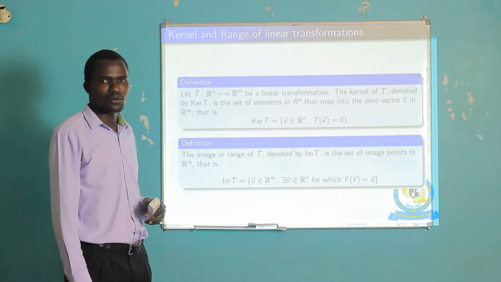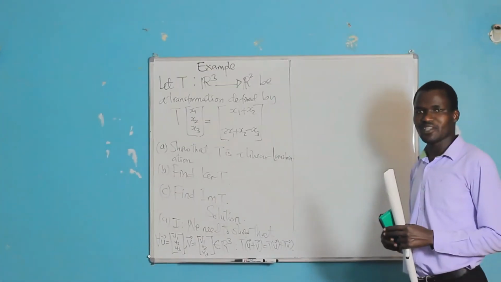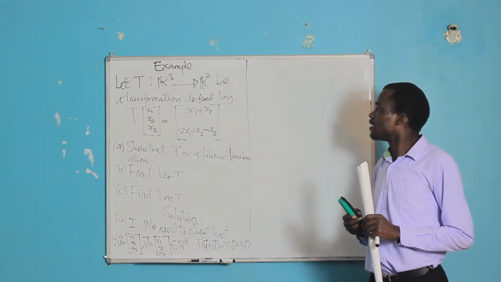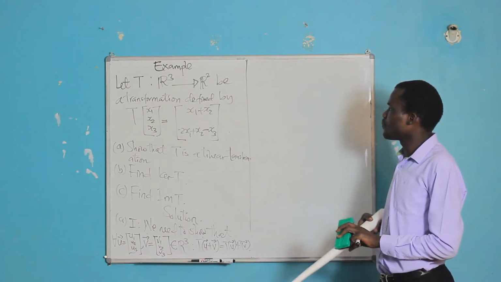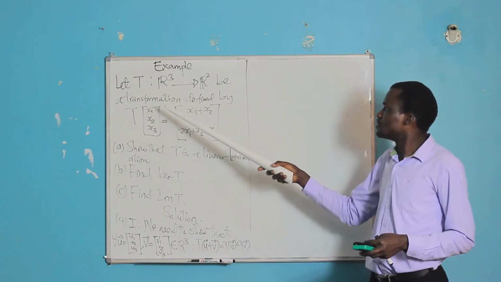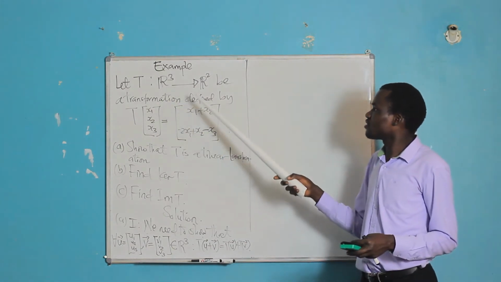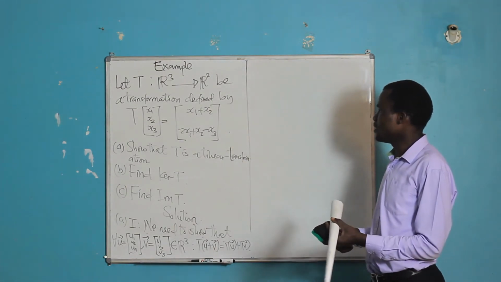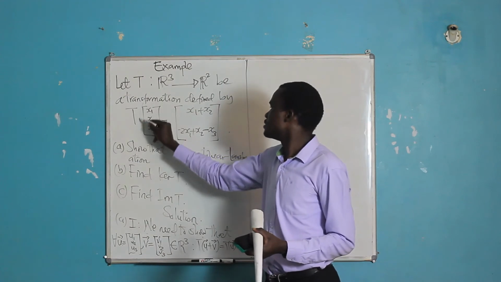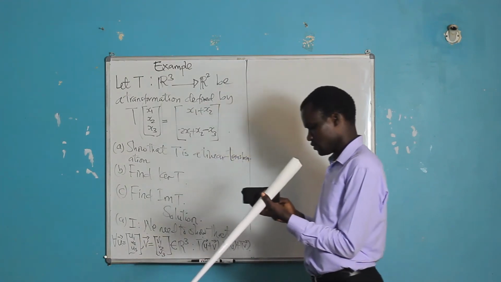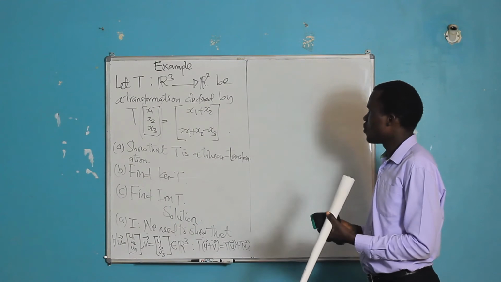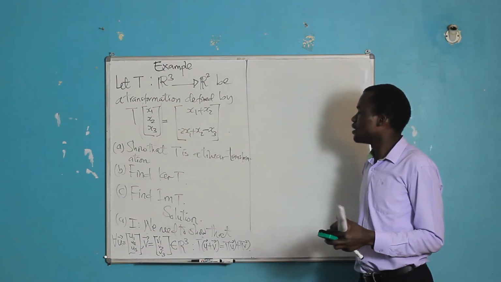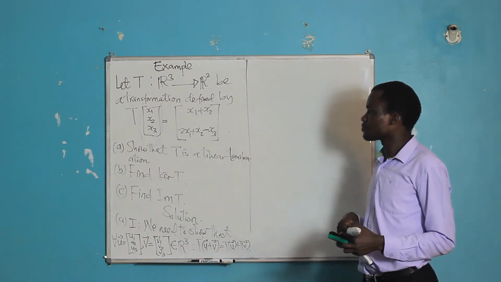Let's go to see an example. Okay, dear students, let's continue. Let T, that's mapping from R3 space to R2 space, be a transformation defined by T of a vector which has entries x1, x2, and x3 will give us this vector.